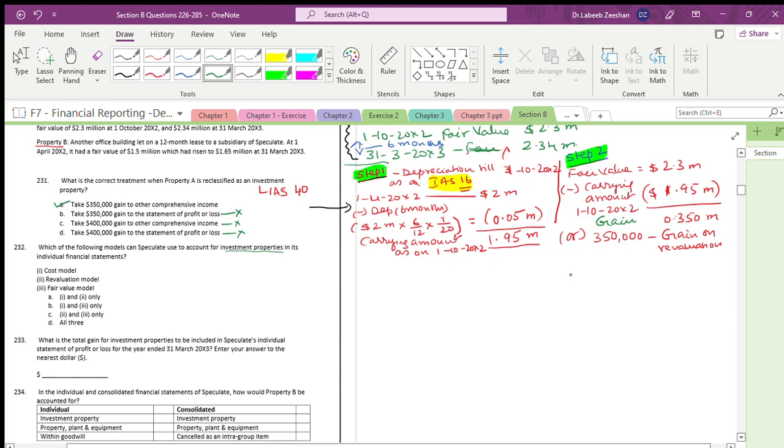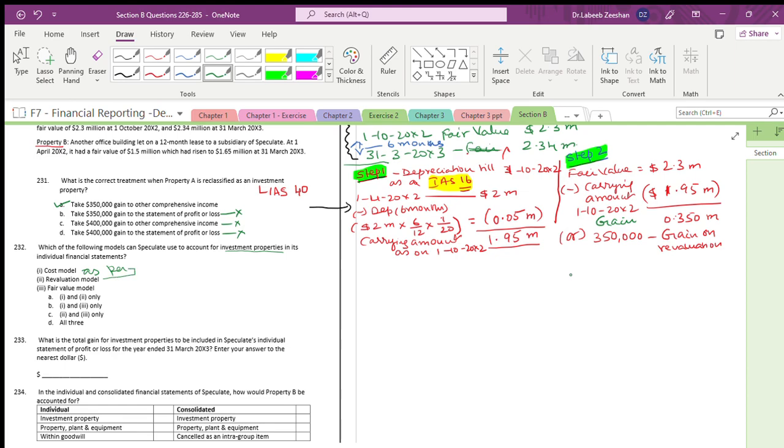Investor, what is the rule? That's why yesterday I sent you a message that you have to revise it. When you are talking about investment properties, what we have done in the previous case, we will take into consideration the cost model, or we will take into consideration the revaluation model.